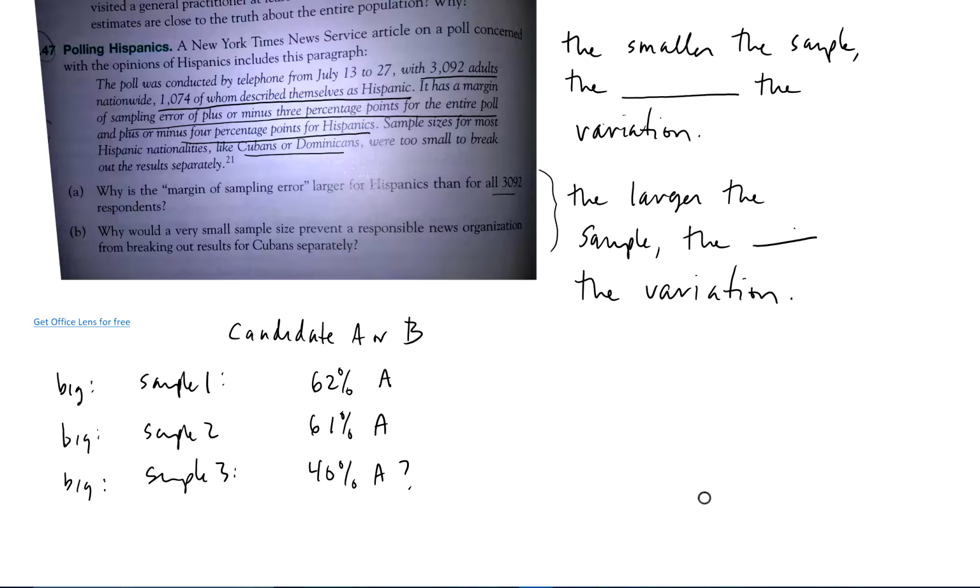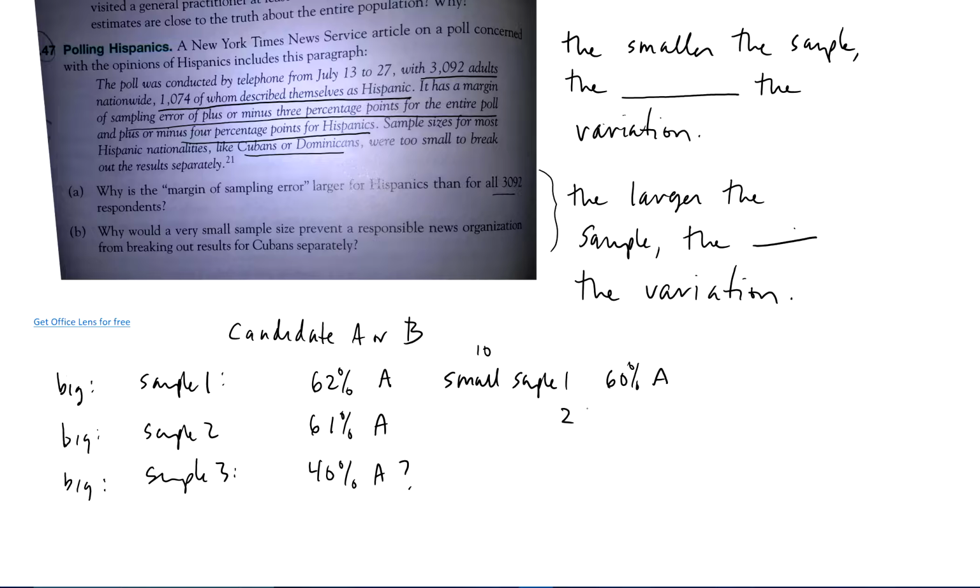Now, if I said small sample, let's go extreme so you can really see the point here. Let's say sample size of 10. If I said 60% favor candidate A, that's my first small sample.